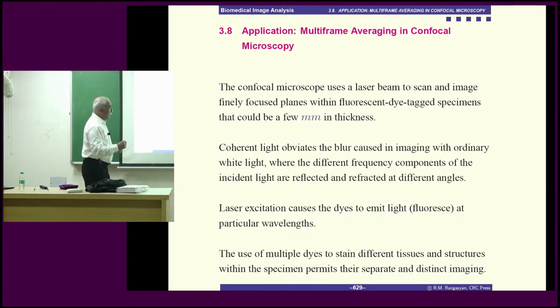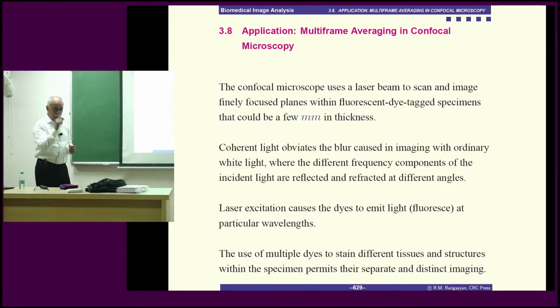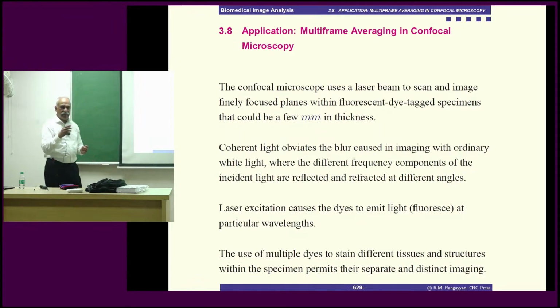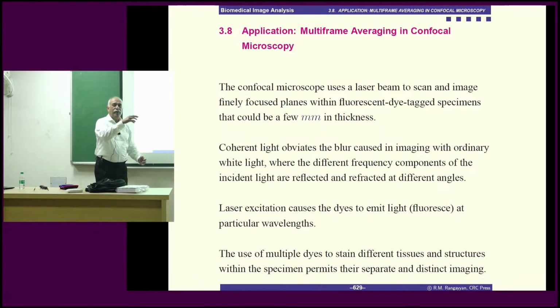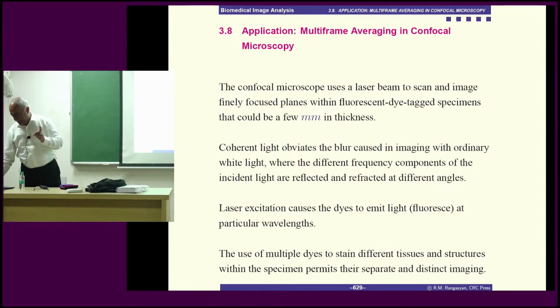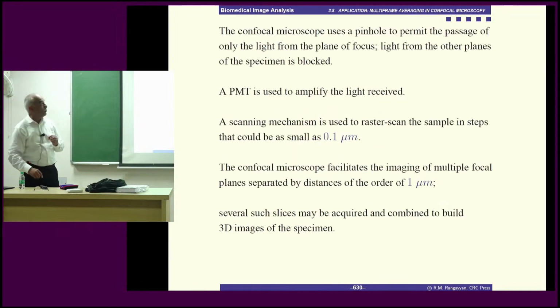Laser excitation causes the dyes that have been applied to the sample to emit light, that is fluorescence. So the sample fluoresces at a particular wavelength. And using multiple dyes to stain different types of tissues and structures in the same sample will lead to a color image with different parts emitting different color when excited by the input laser beam.